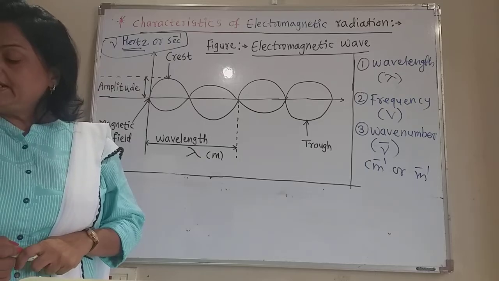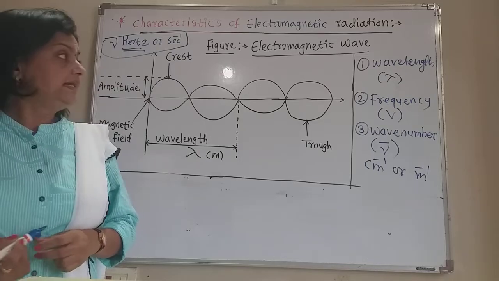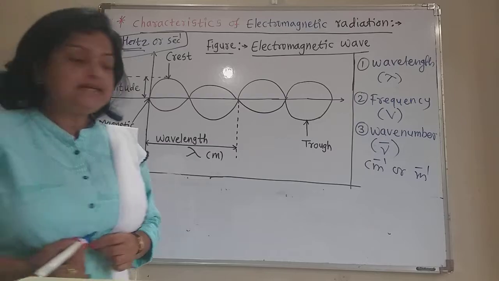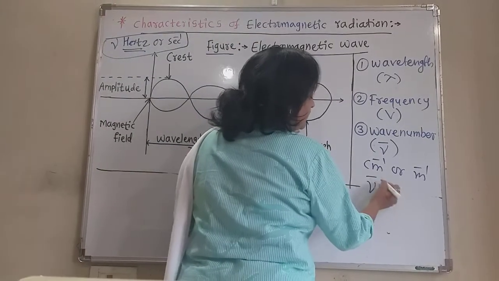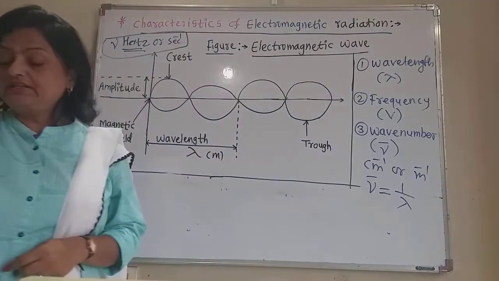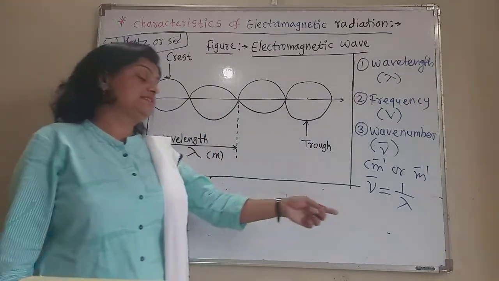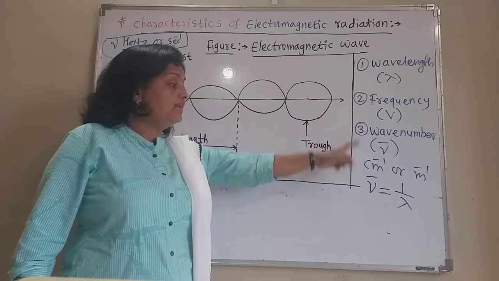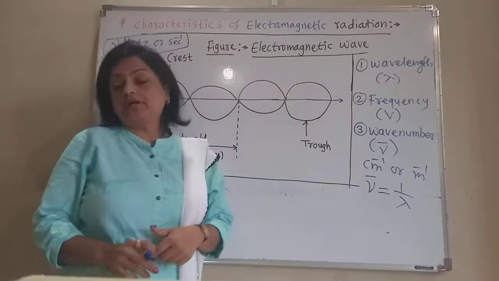And wave number is related to the wavelength by the relation nu bar is equal to 1 divided by lambda. This is the relation between the wavelength and the wave number.